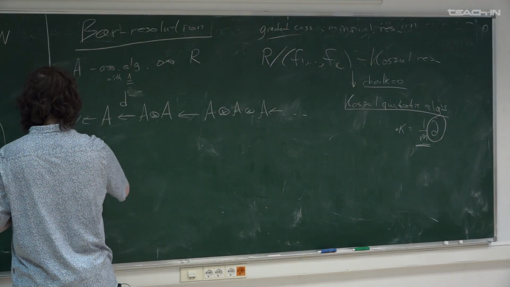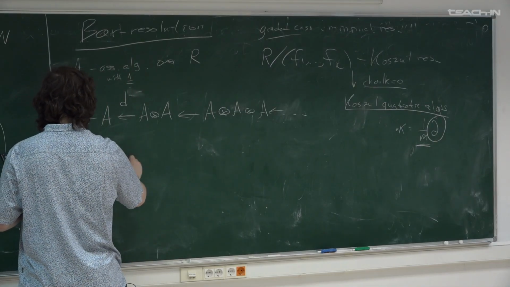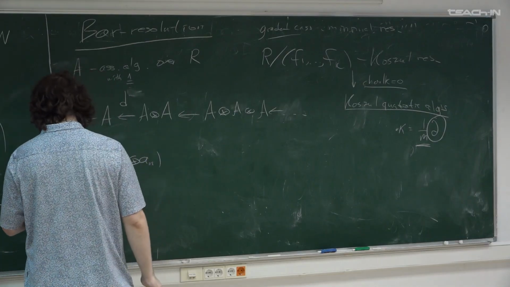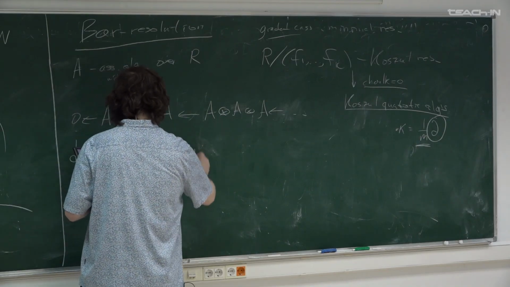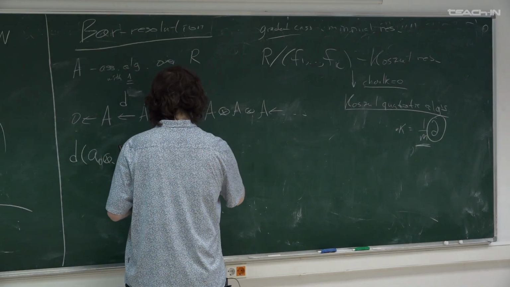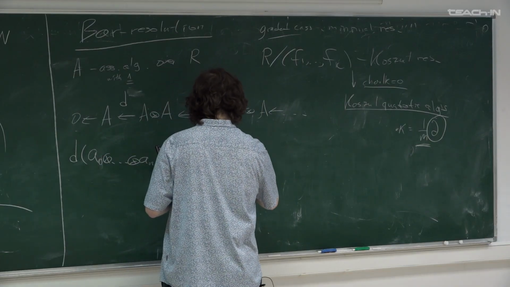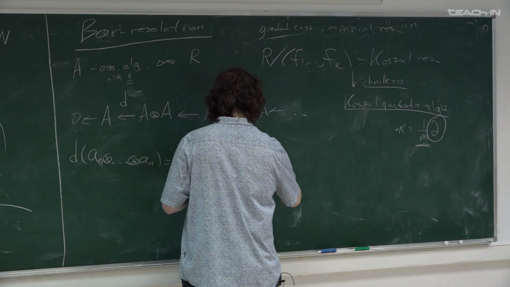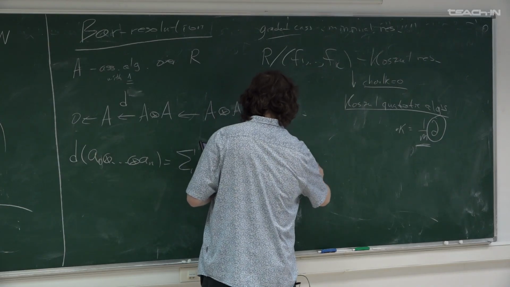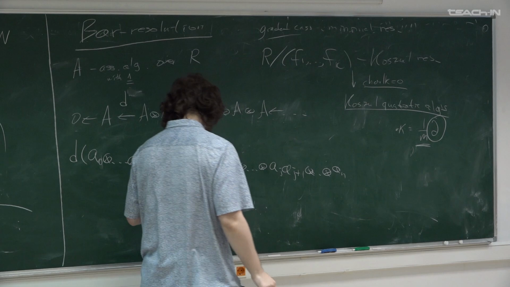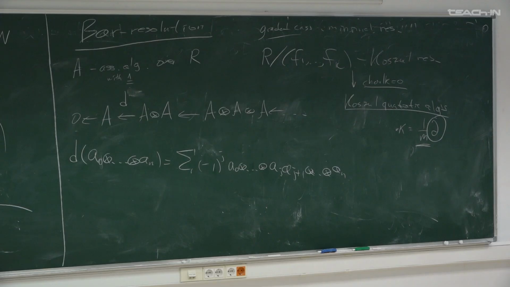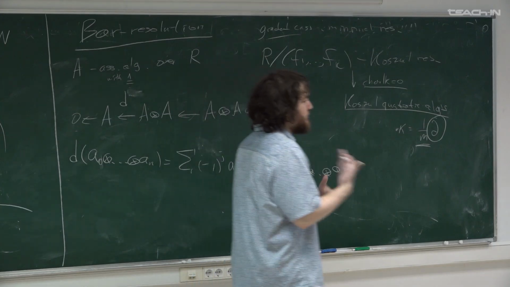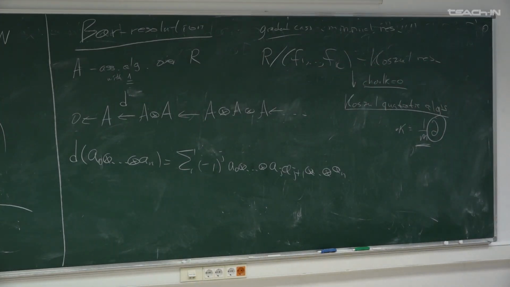On the higher terms, on the n-th term, maybe from 0, it's just some formula. You can check that this is a differential, and so on. In fact, this is just a formula. You can ask why this formula, and you need to check that, for example, it squares to zero. It's not very hard.